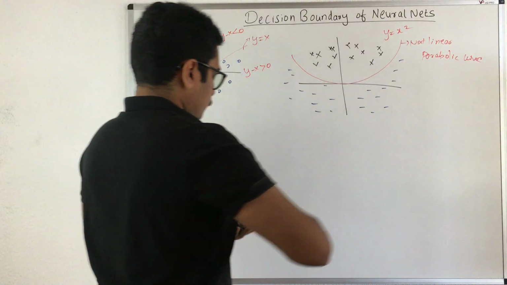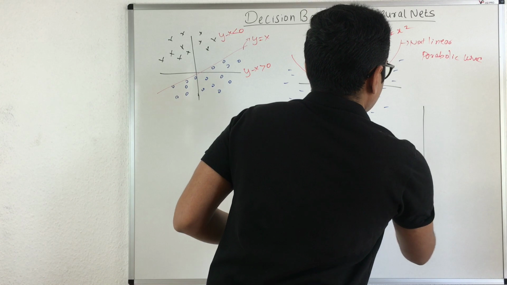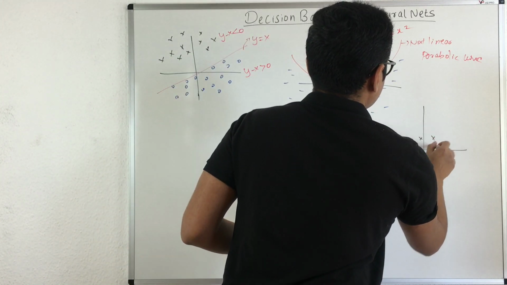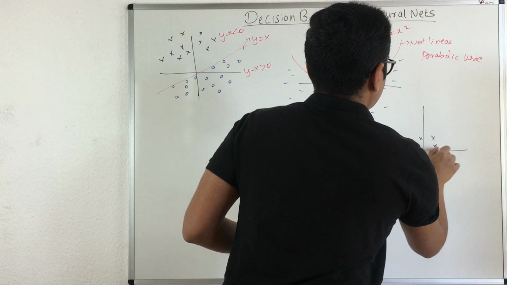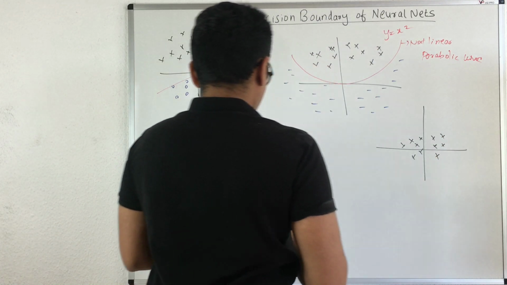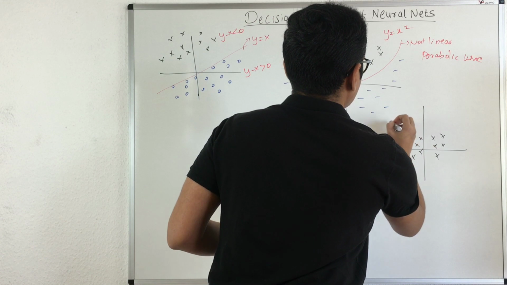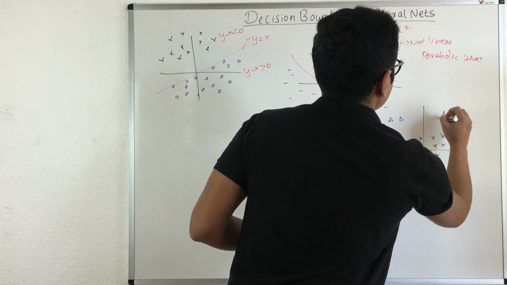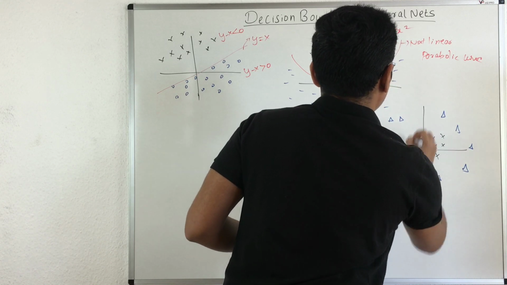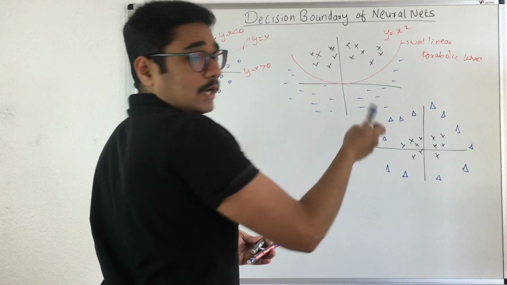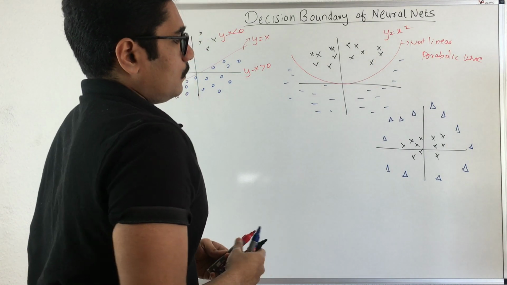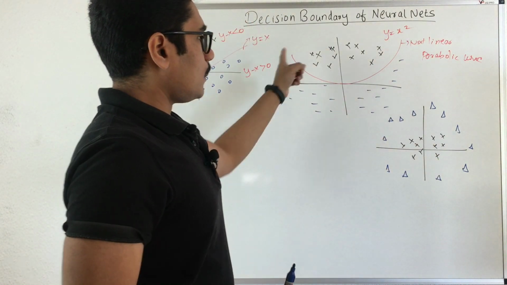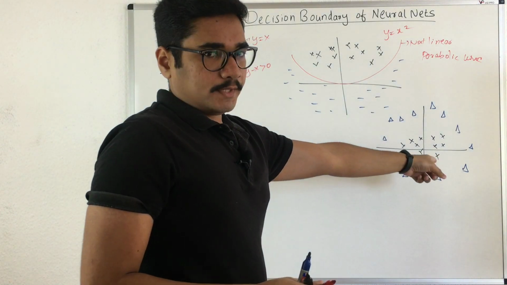And then you have another setup. Say you have some points inside this, and some points outside. I'll just take the triangle class. This is how the data distribution is. Now you cannot draw a straight line which separates these two, nor can you use a parabolic curve fit.